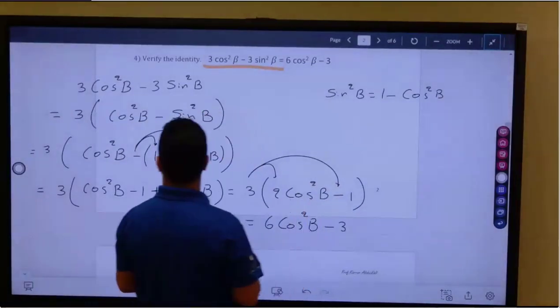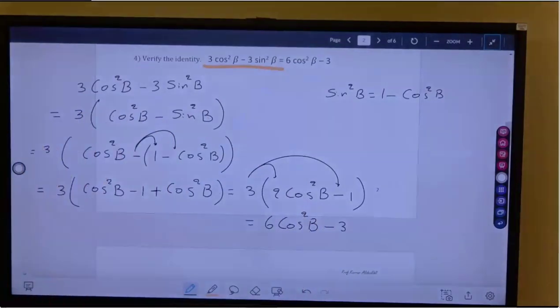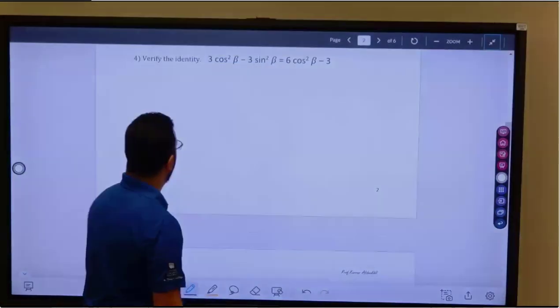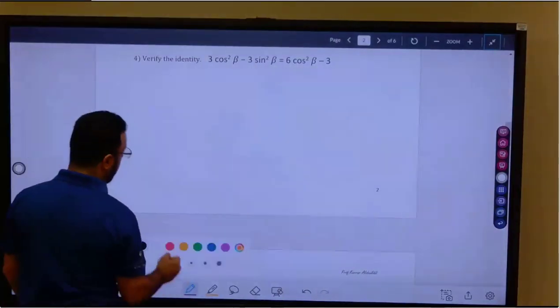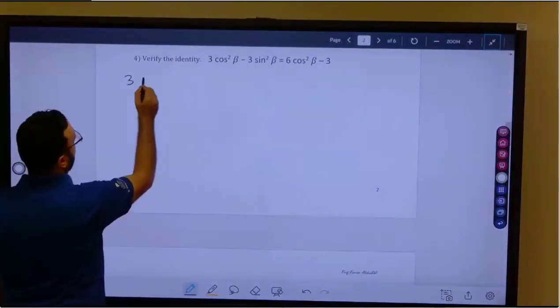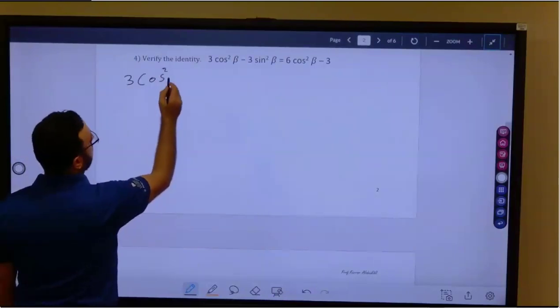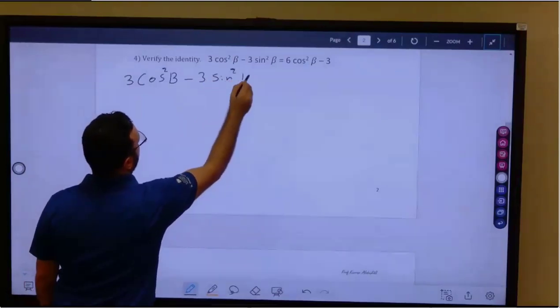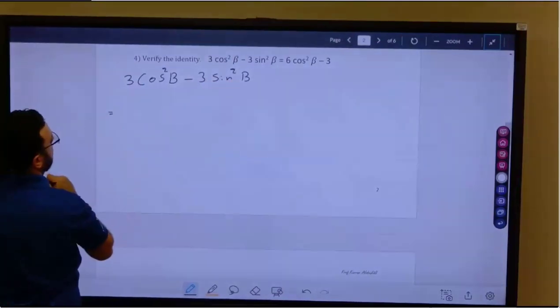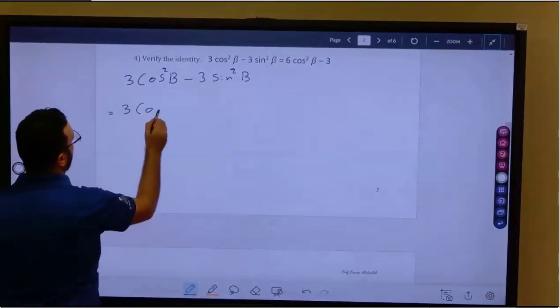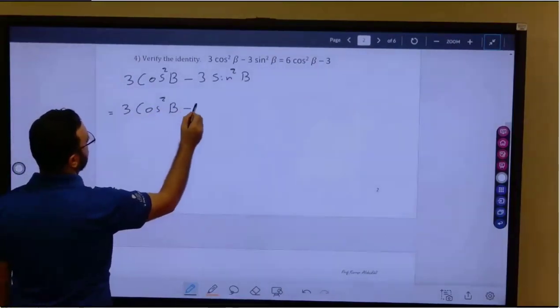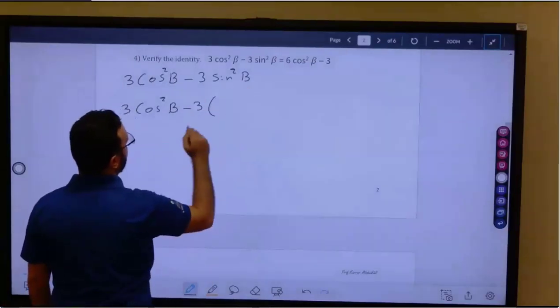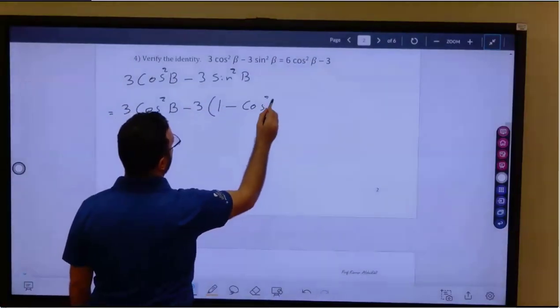If you want to solve it in a different way, instead of factoring out the 3, you can say, okay, I'm going to start with this side without factoring out the 3: 3 cosine square beta minus 3 sine square beta. This one is going to be equal to 3 cosine square beta minus 3 times, and sine square beta is 1 minus cosine square beta.